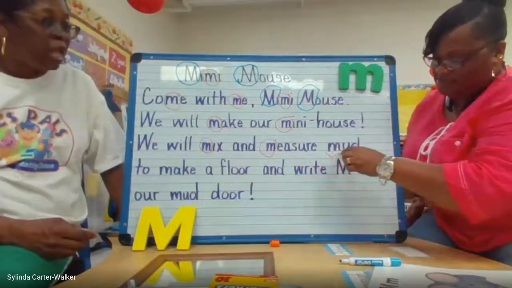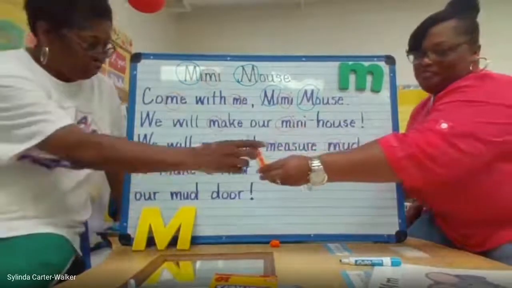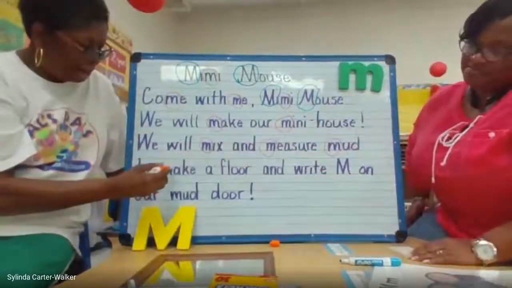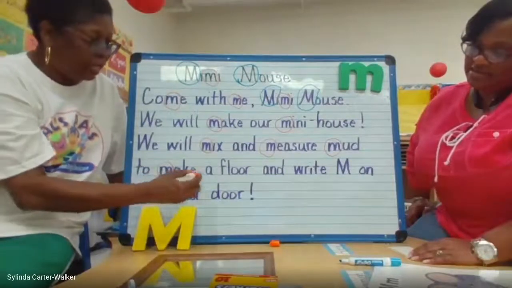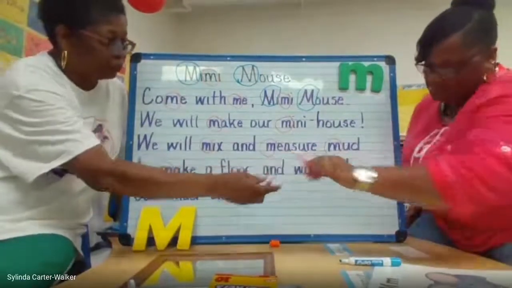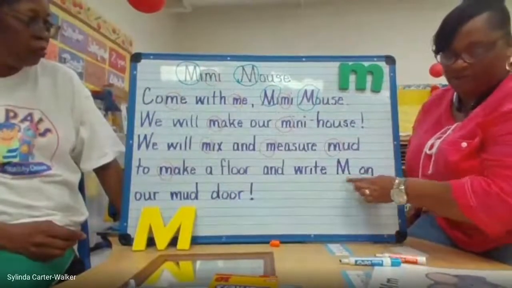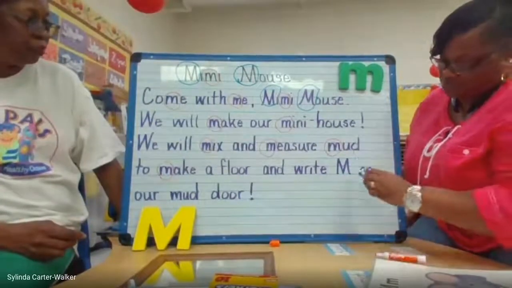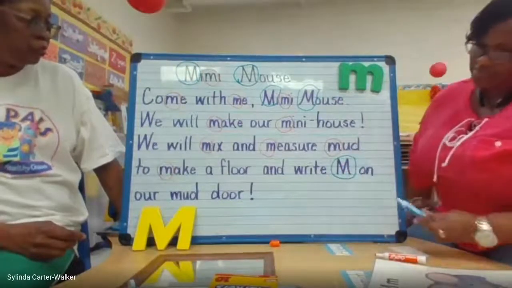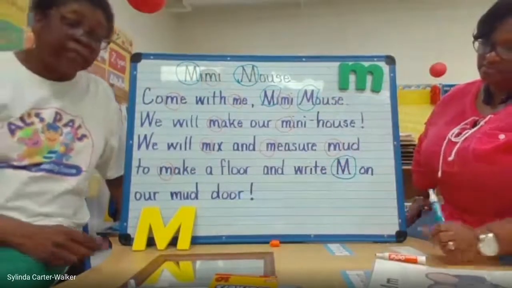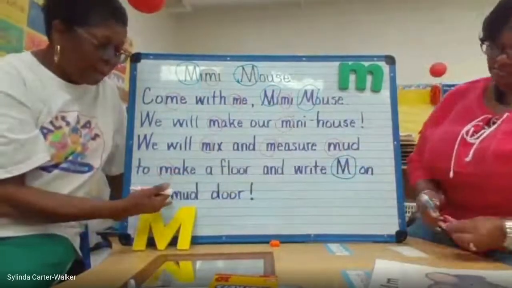And M in mud. You guys are on it. Here's another one, M in make. And here, this is a capital M, so it needs to be circled with a blue marker. And then our last m is a lowercase, and it's in the word mud.